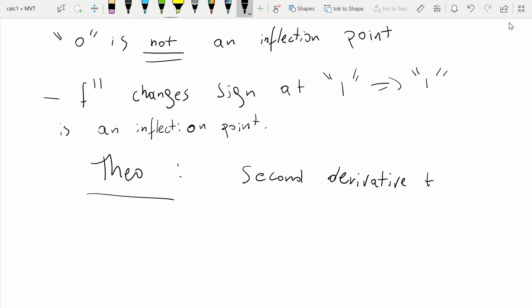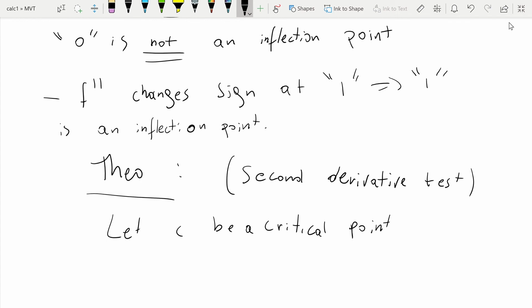Once we assume more knowledge on the second derivative, we can apply this test. Let C be a critical point of a function f.